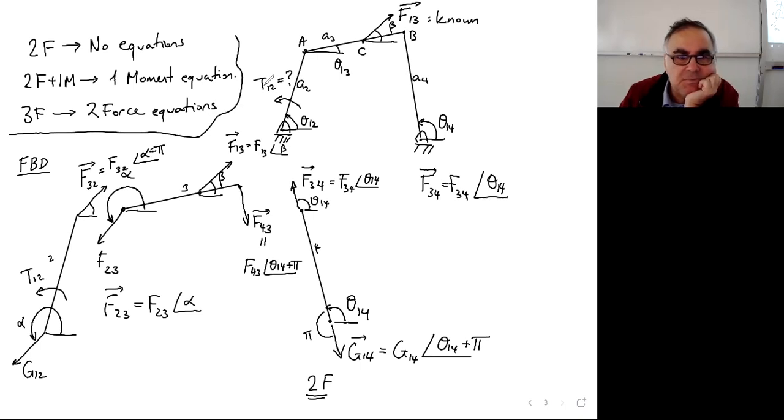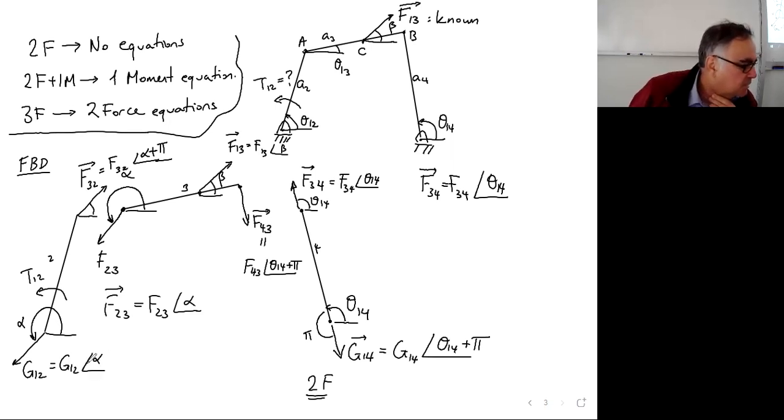Let's use plus pi. Because you make an angle of pi again, you come to here. And this one will be Z12 with an angle of alpha, I suppose.